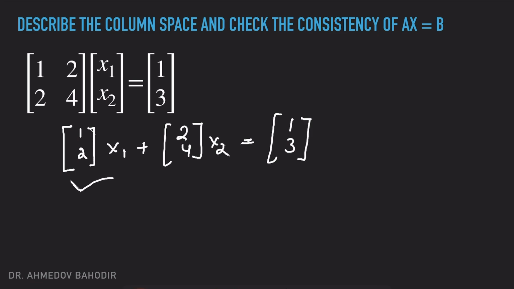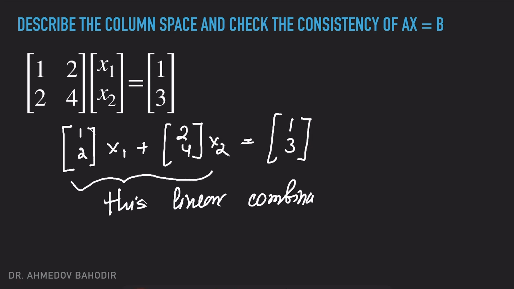So I'm asking you to give me this linear combination of these two vectors, so that this is going to be equal to 1 and 3.